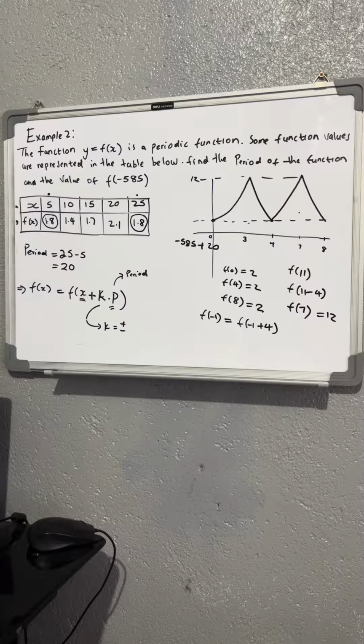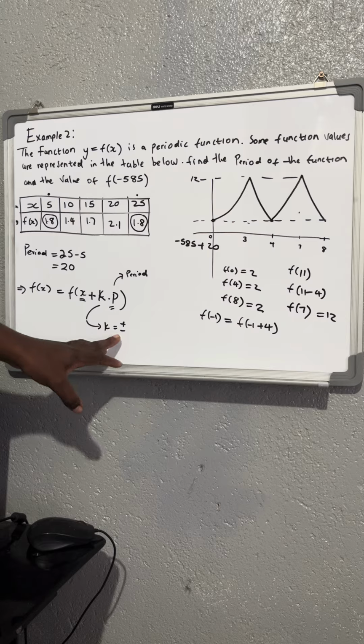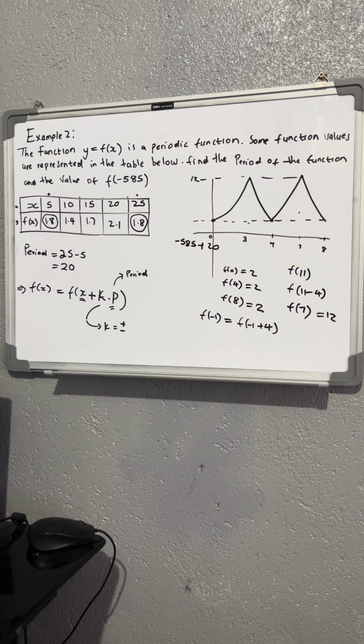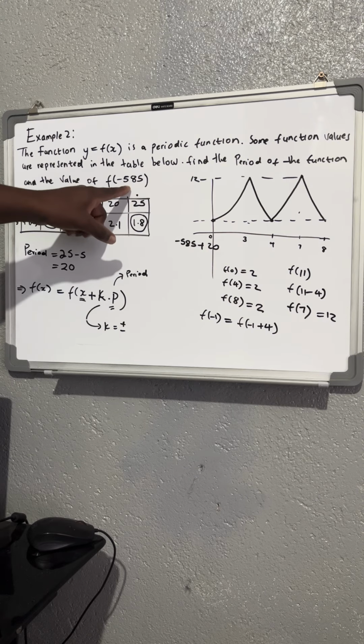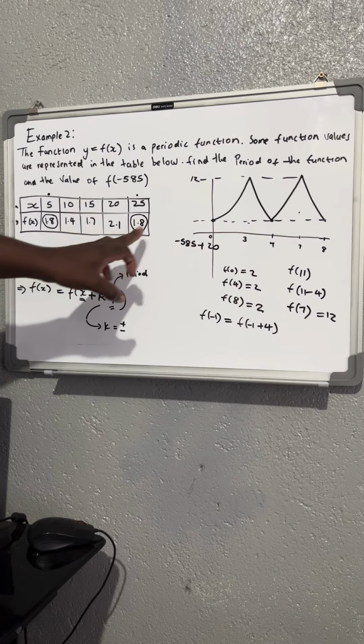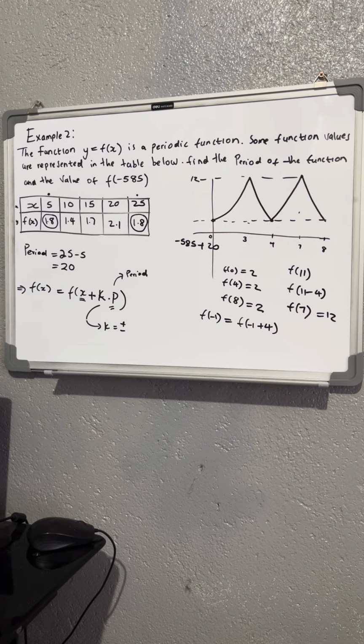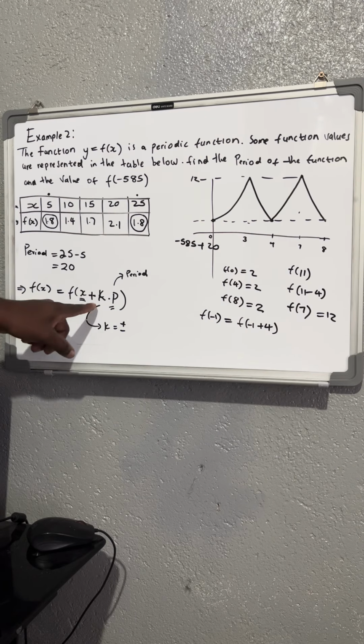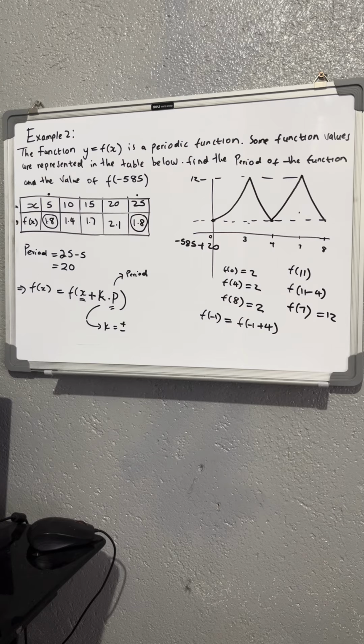So I just hope you now understand in which case we have to add and in which case we have to subtract. If I have a negative and I can only see positive values, it means I must add here in order to work to the positive side.